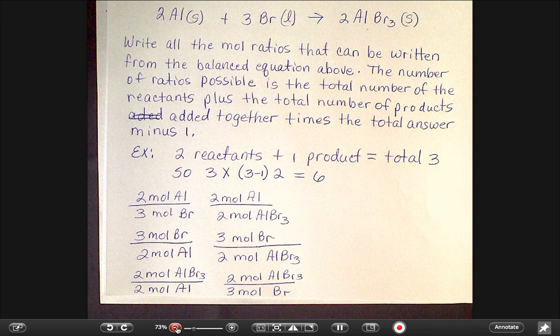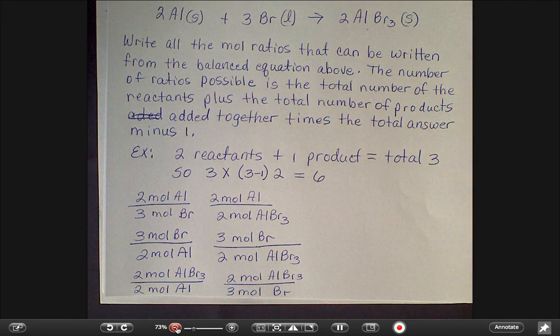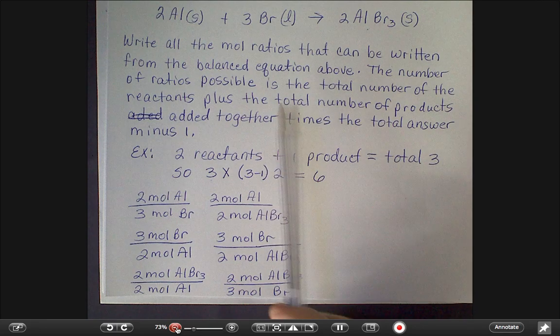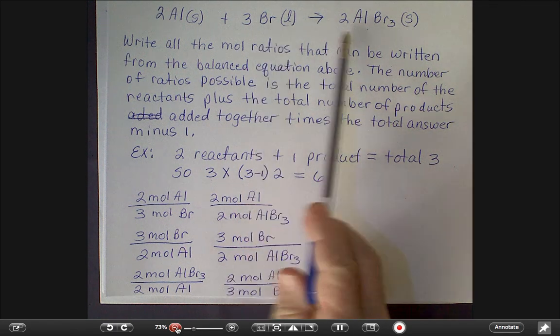And that way I know I have all 6. Okay? So those are all the 6 possible mole ratios that you can get from this reaction up here. Okay?